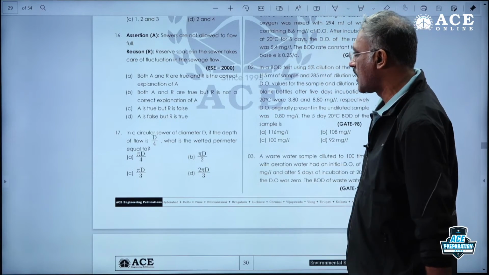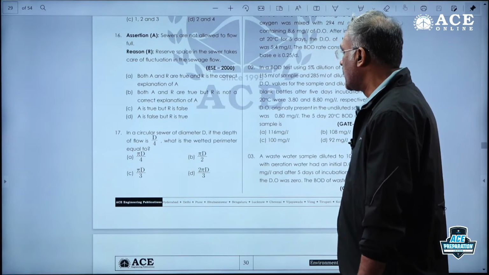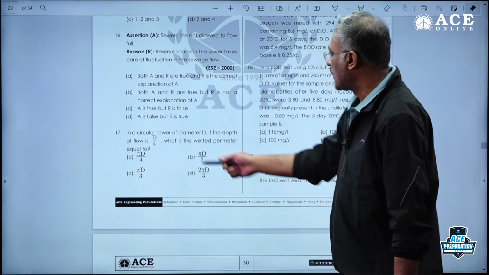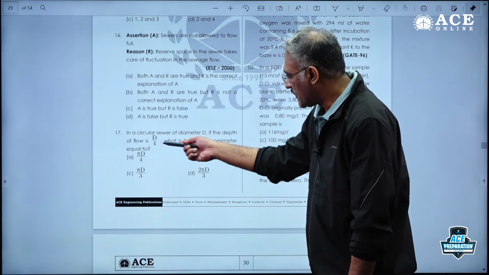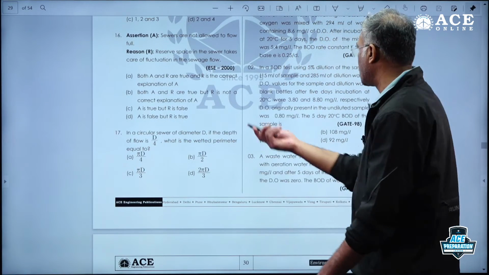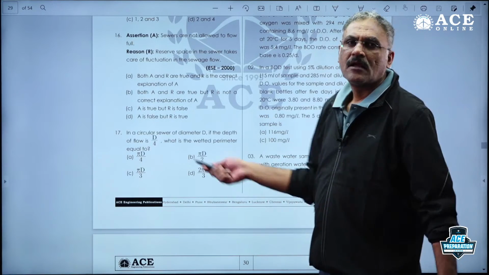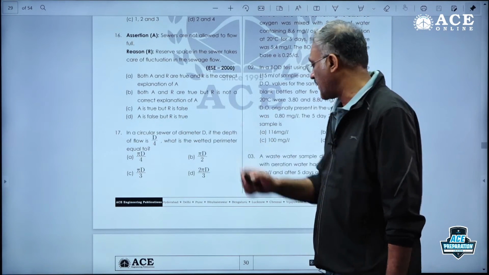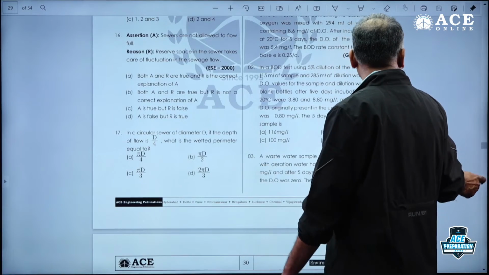Wetted perimeter is equal to 2r theta. When it is running partially full, the depth of flow is d by 4, what is the wetted perimeter? In that case there is no option, you have to work it out from basics only.